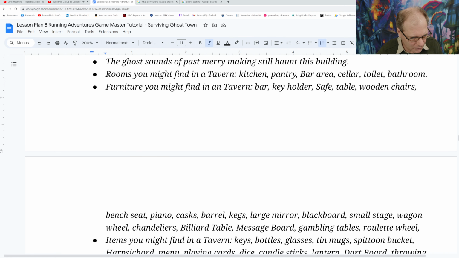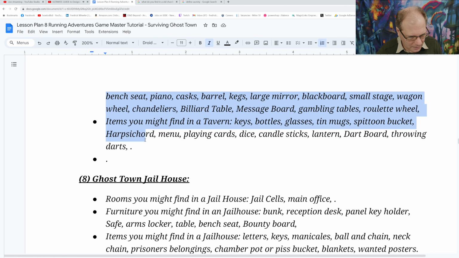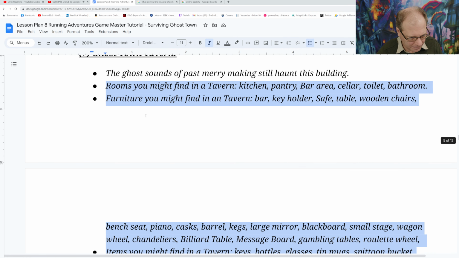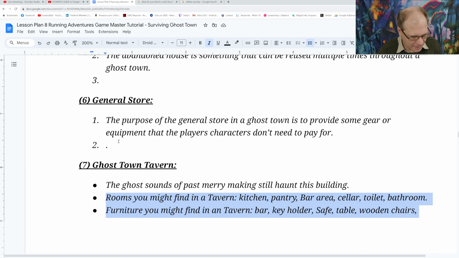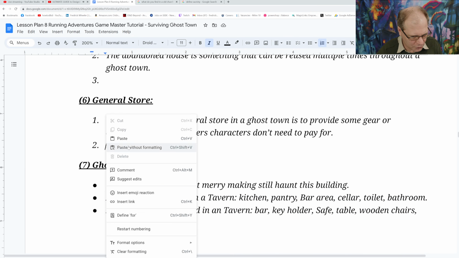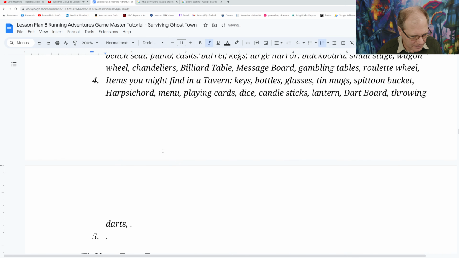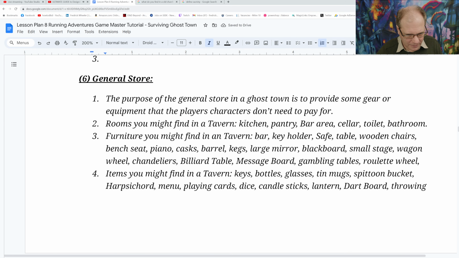And let me go down here. We're going to have probably rooms and items. Okay, copy. Back to storage. General store. Paste that. And we will take out these. Get rid of that.